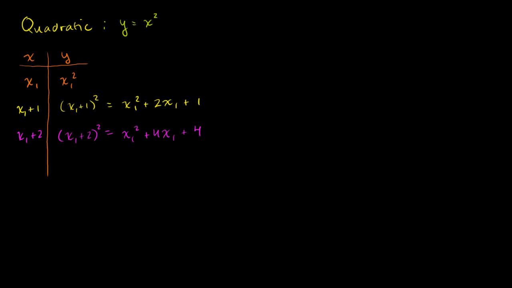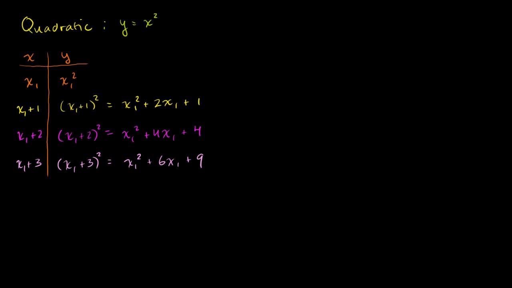Let's do 2 more, actually. Now let's increase by another one. I think you see what I'm doing. x1 plus 3. When x is x1 plus 3, y is going to be x1 plus 3 squared, which is equal to x1 squared plus 6x1 plus 9.